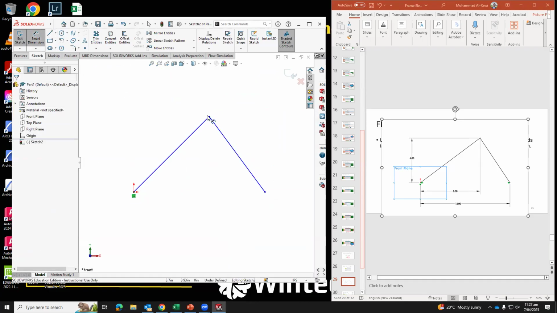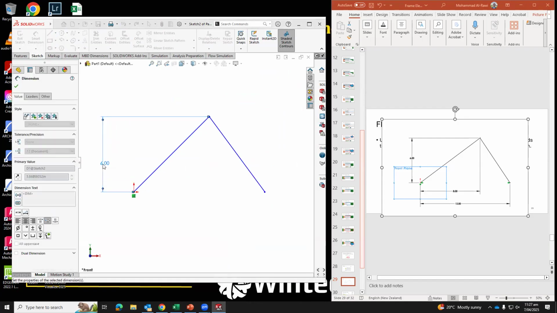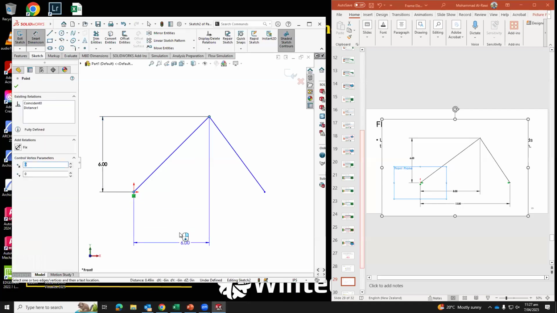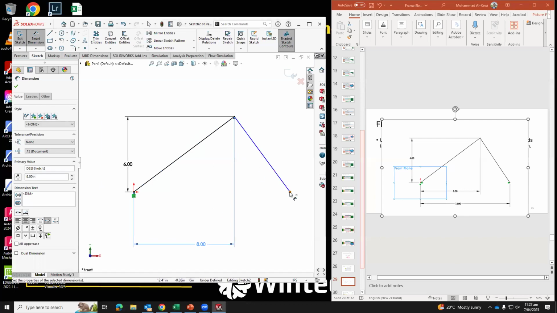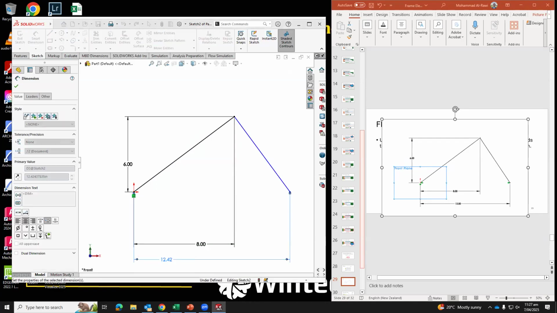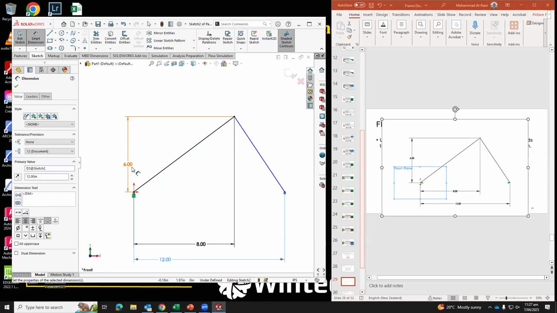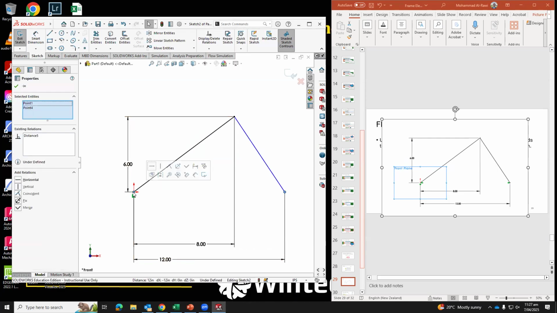Use smart dimensions from this point to this point. It's 6 inch. From this point to this point, it's 8 inch. And then from this point to this point, it's 12 inch. Ensure this point and this point, by the way later we call them nodes, are horizontal.